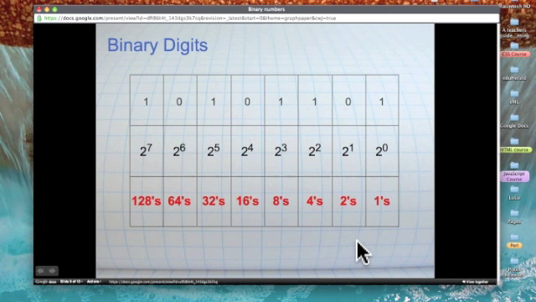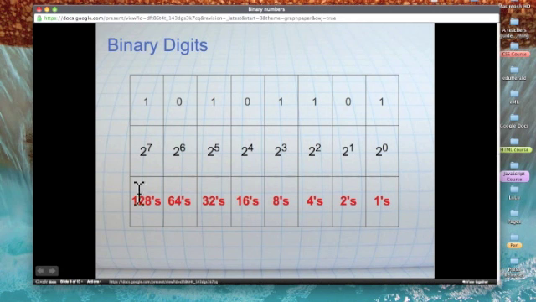In the second column, I have the 2s. Remember, 2 raised to the first power is 2, just as any number raised to the first power is itself. Next, I have 2 squared, which is 4. And then 8, 16, 32, 64, and finally 128.